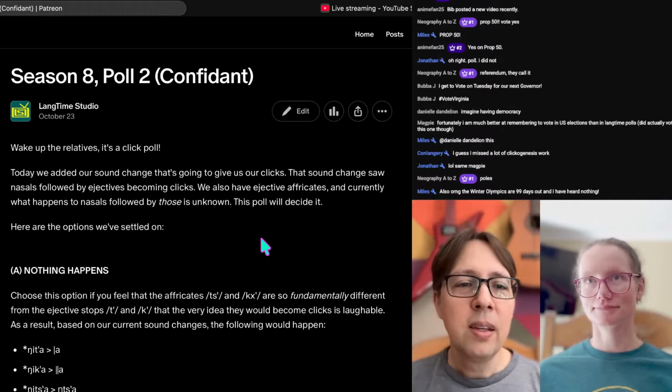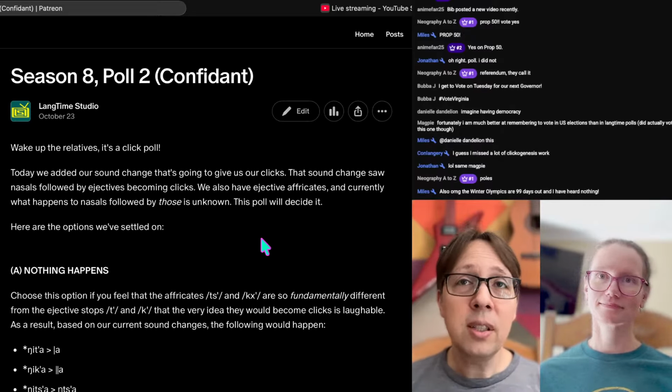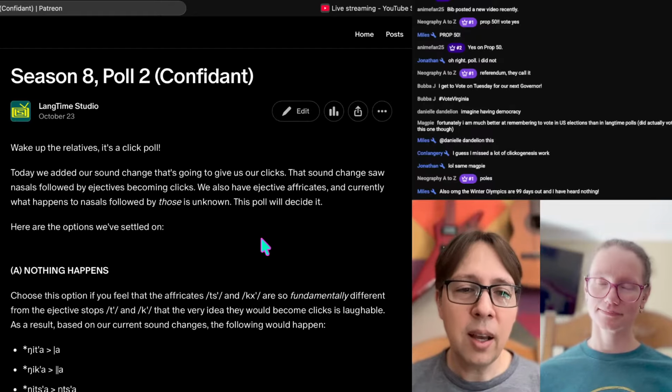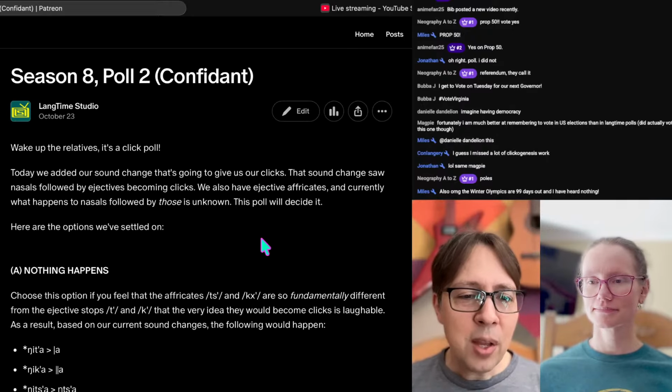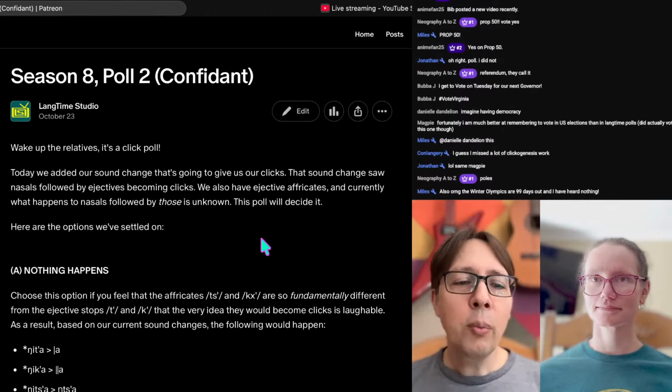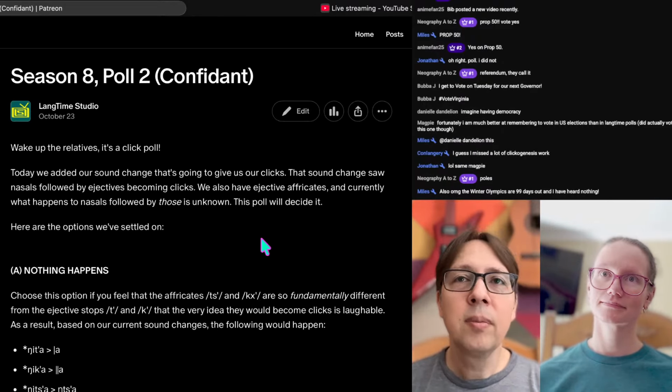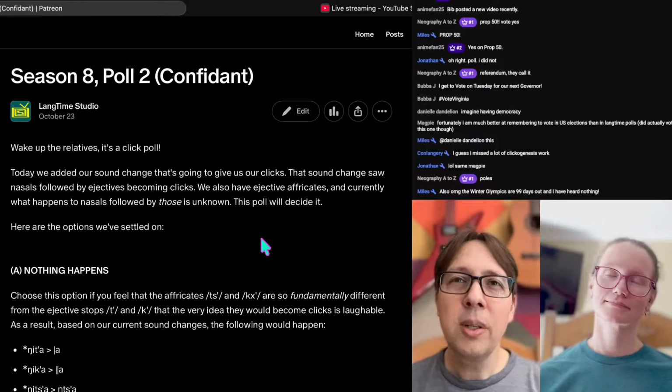There's only 2 of these, and they become clicks like that. However, we also have ejective affricates, which we need to get rid of.